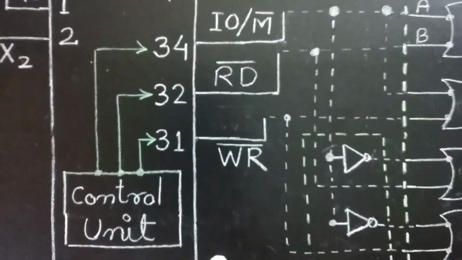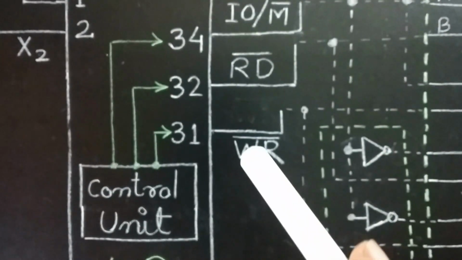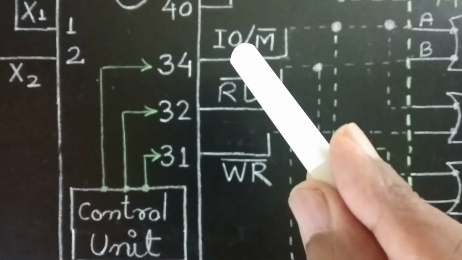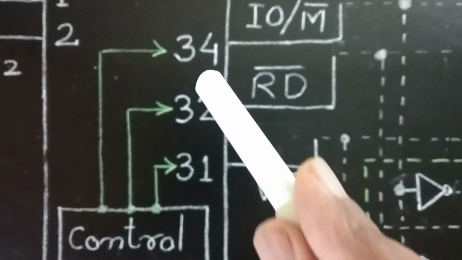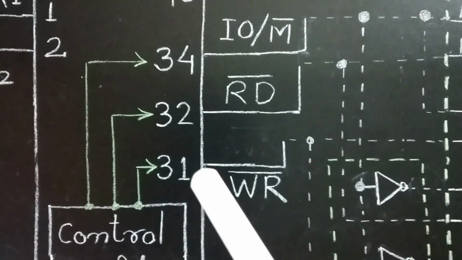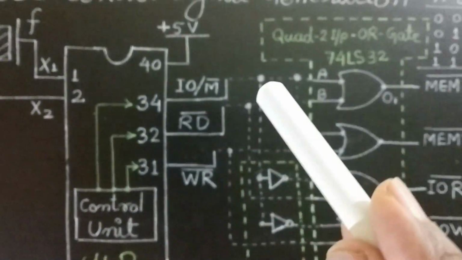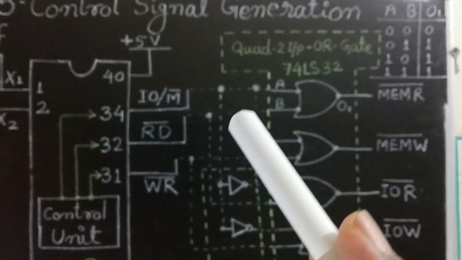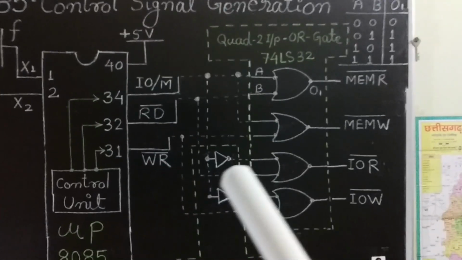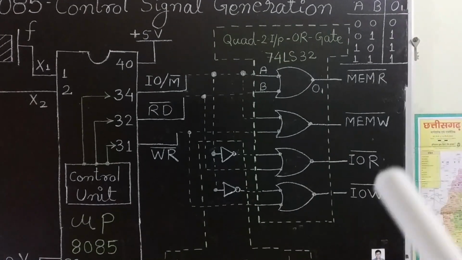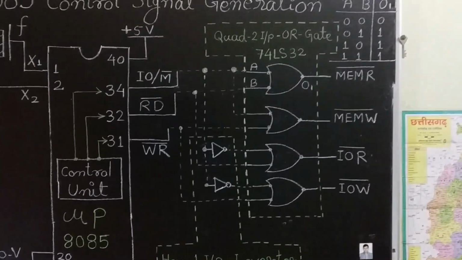Today we will understand how the control unit generates the write bar, read bar and IO/M bar signals, which are associated with pin numbers 34, 32 and 31, and how these signals control the data flow to and fro, from IO and memory to the microprocessor, or from the microprocessor to the IO or memory.